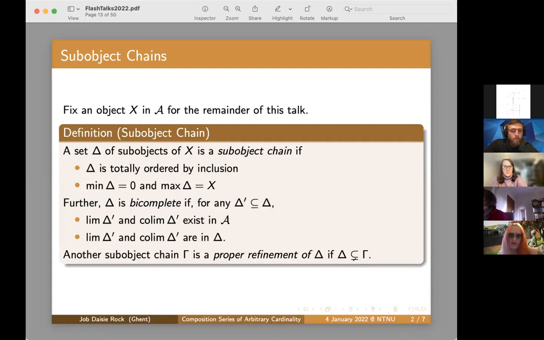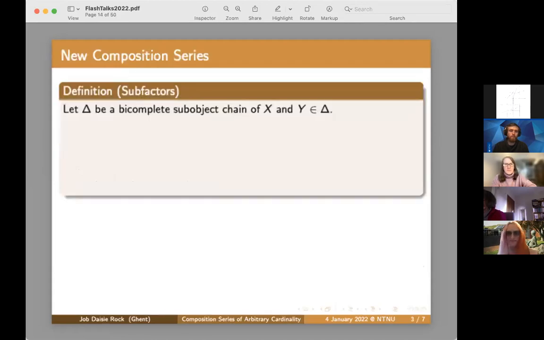And then we can look at some other bigger or more dense sub-object chain, however your mind processes this, but we call it a proper refinement if it strictly contains delta. And so this is just a generalization of your sub-object chains, and you need the bi-completeness in order for things like composition series to work.